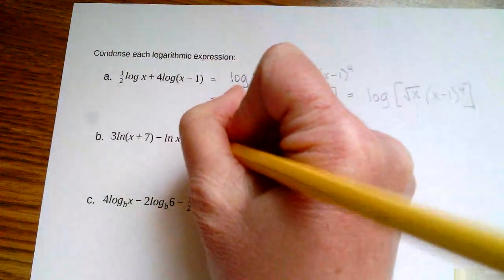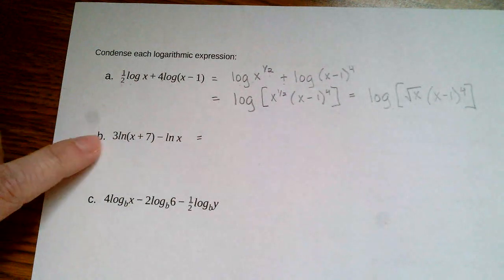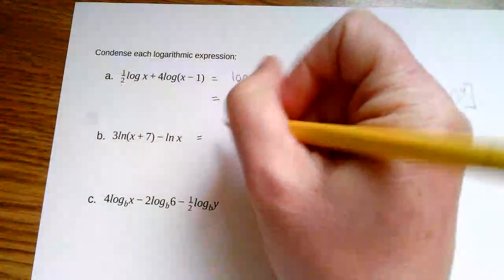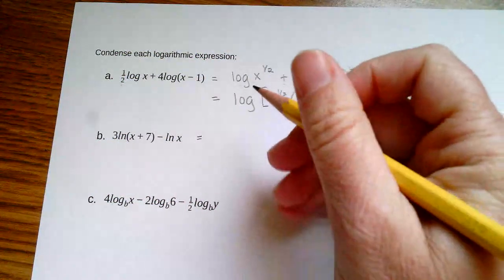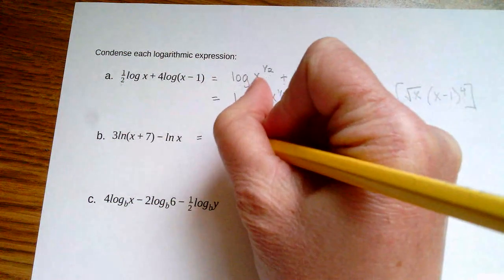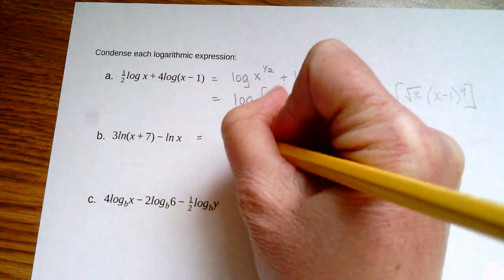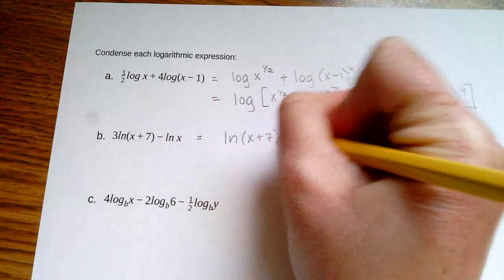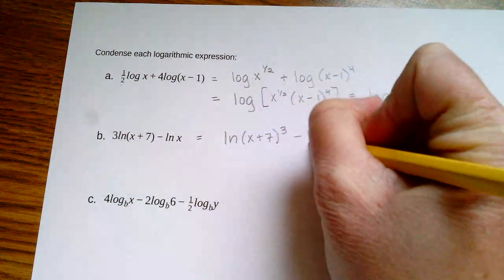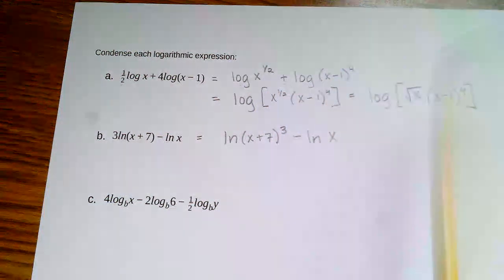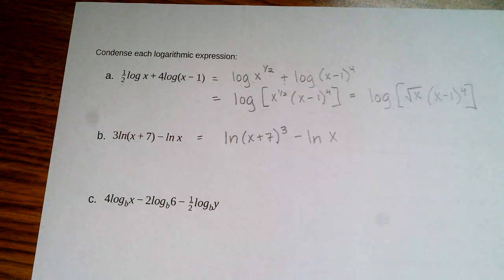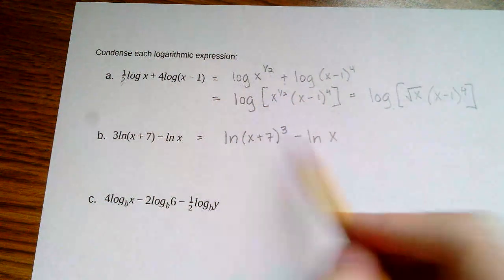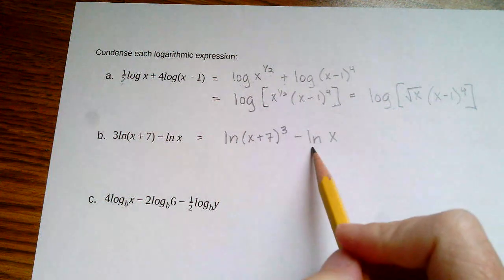For my next one, if I look at my first expression, I'm going to use the power rule in reverse. I'm going to rewrite this as the natural log of x plus 7 to the third minus the natural log of x. Now I notice I have two natural log expressions.